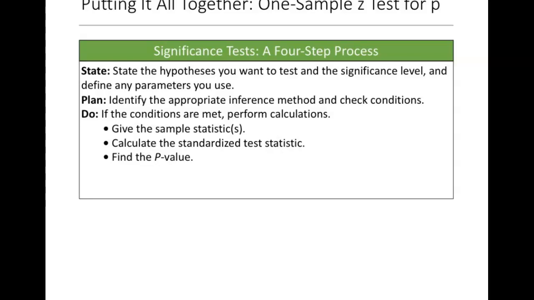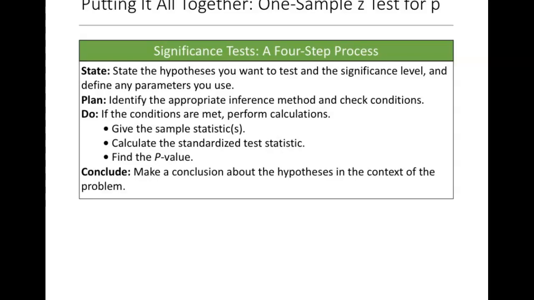This you can do 100% in your calculator. Make sure that you list anything that your calculator spits out, namely the z-test statistic and the p-value. And then conclude: make a conclusion about the hypothesis in 2 sentences. First sentence, either you reject or you fail to reject the null hypothesis in favor of the alternative. Second sentence, give context to the situation.